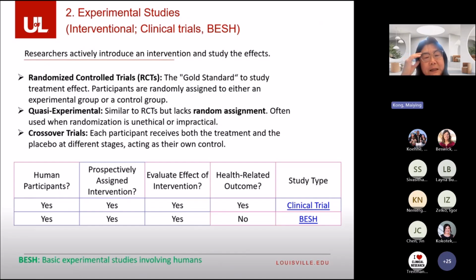Quasi-experiment is also an experimental design. It is similar to RCT, but lacks random assignment, often when randomization is unethical or impractical. The third one is the crossover design. Each participant receives both the treatment and the placebo at different stages, acting as their own controls.